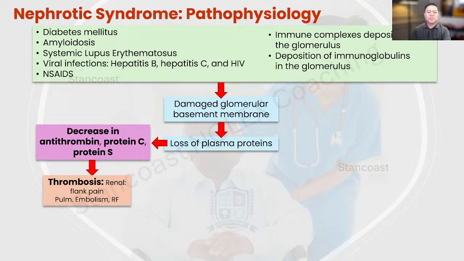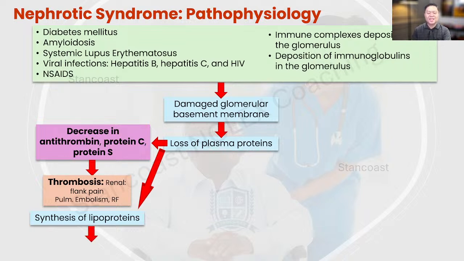Now, another complication here is the synthesis of the lipoproteins. And this is because of the rapid loss of the proteins in the urine. Then the body will try to compensate for this process.